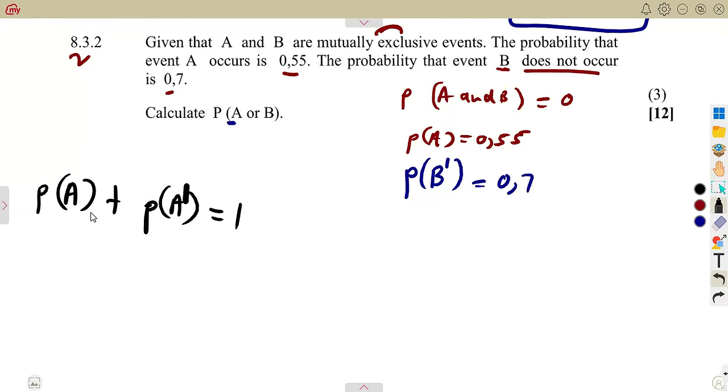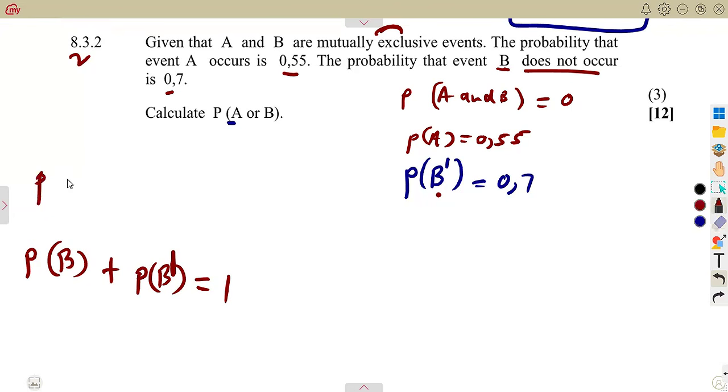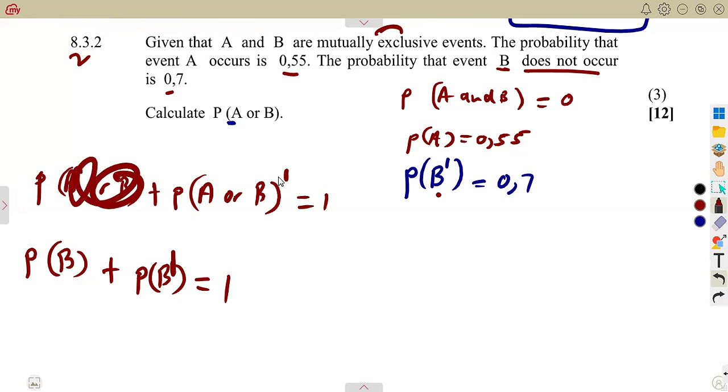So the probability of what is in B plus what is not in B must give us a 1. It can be of whatever combination. It can be the probability of A or B plus what is not in A or B. As long as it is this and its complement, you must get a 1.